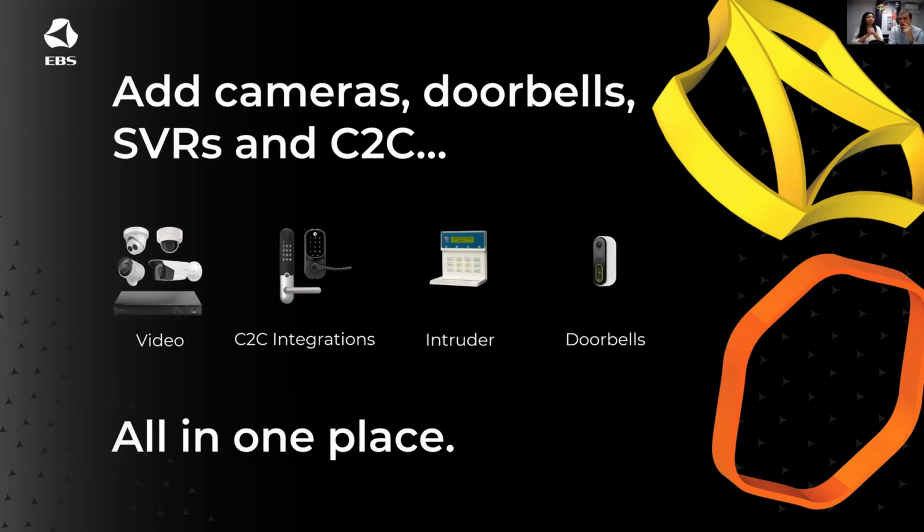We also have the C2C integration. Can you tell us more about C2C? I wanted to tell something more about video because I think this is important. Basic is that when there is an alarm, the recording starts. This is a key feature, and for example, the user can set recording whenever the system is armed or disarmed.